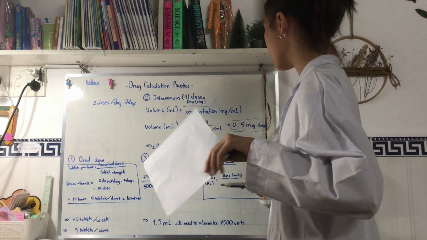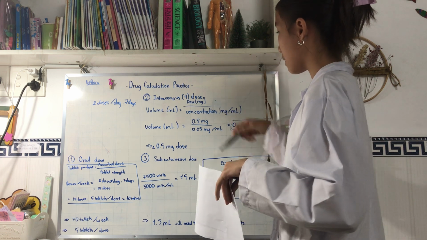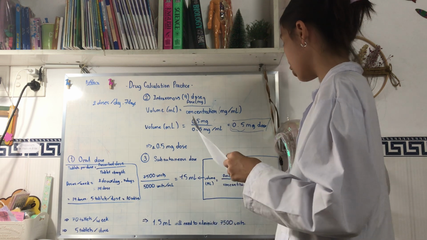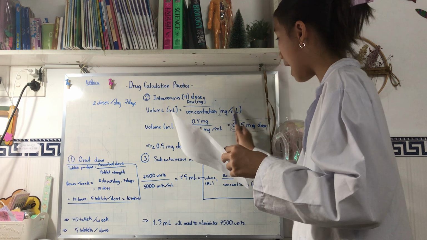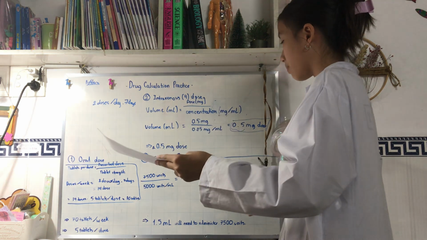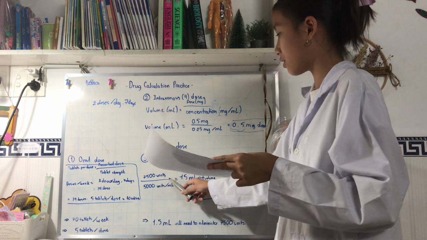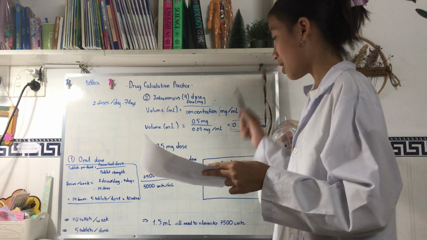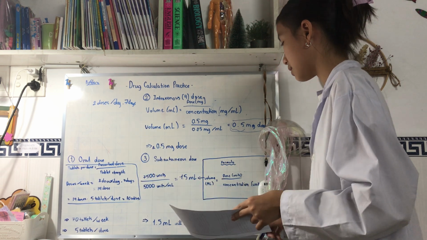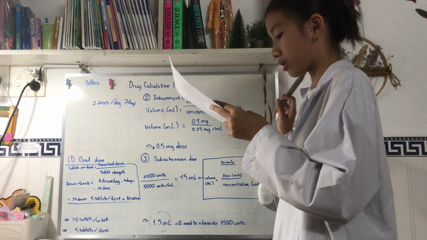We have the formula, which is the dose in units, similar to the second problem, divided by the concentration, which is units per milliliter. Now, this is milligrams per milliliter in the previous problem, but this is units per milliliter; that depends on the units that they give us. So this is 7,500 units divided by 5,000 units per milliliter, which gives us 1.5 milliliters. And 1.5 milliliters will be administered for 7,500 units.